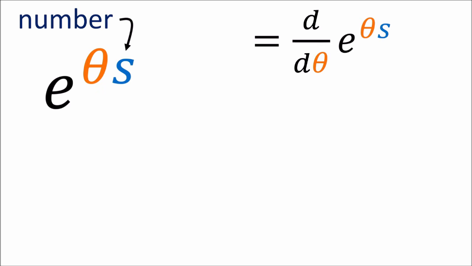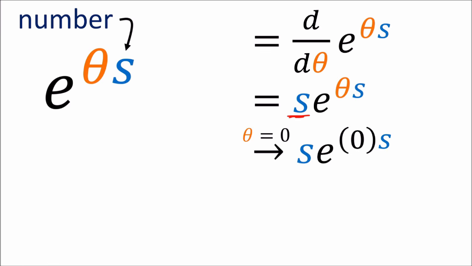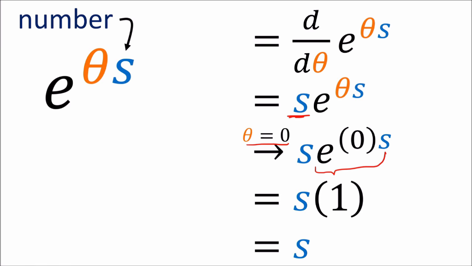If we take the derivative with respect to theta, a factor of s comes down in front by chain rule. Next, if we set theta to 0, the exponential goes to 1, and we're left with just s. So to isolate s, we use 2 steps. Take the derivative, then set the parameter to 0.